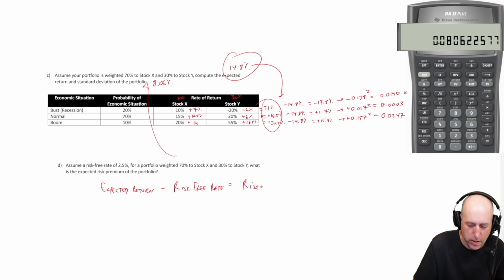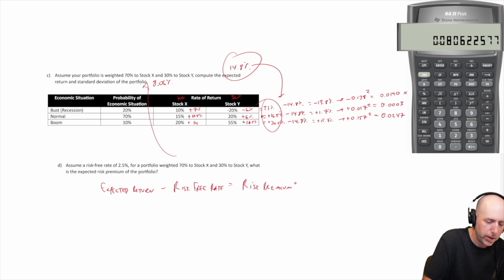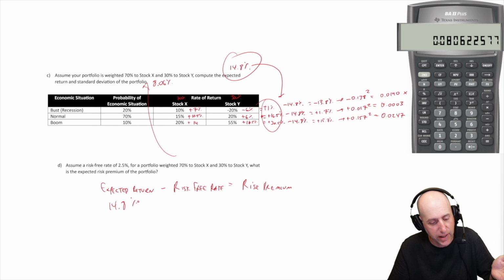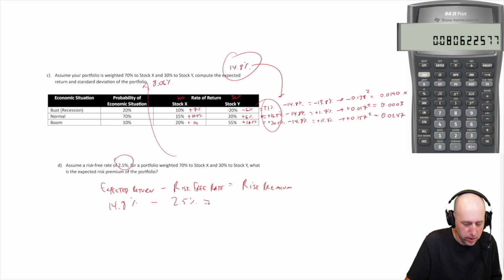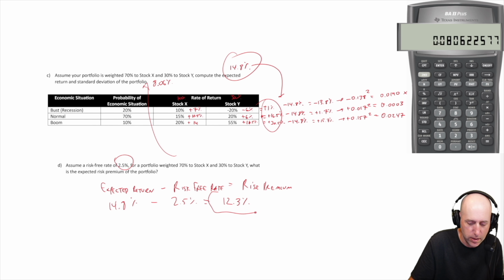So this one's easy. Our expected return of that portfolio is 14.8%. Our risk-free rate, 2.5%. So what's the premium for taking on risk? It's 12.3%, just the difference between the two.